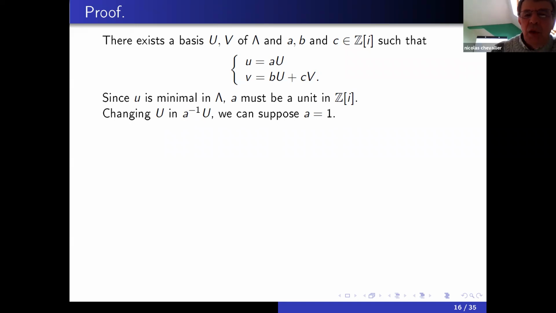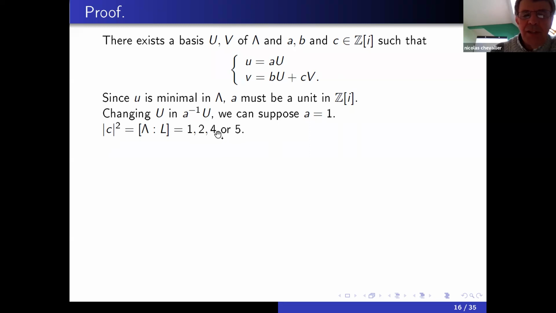Now you can compute the determinant of small u, small v in the basis capital U, capital V, and the modulus of this determinant to the power 2 is just the modulus of C to the power 2, and it must be 1, 2, 4, or 5, and we want to explain that it is not 4 or 5.